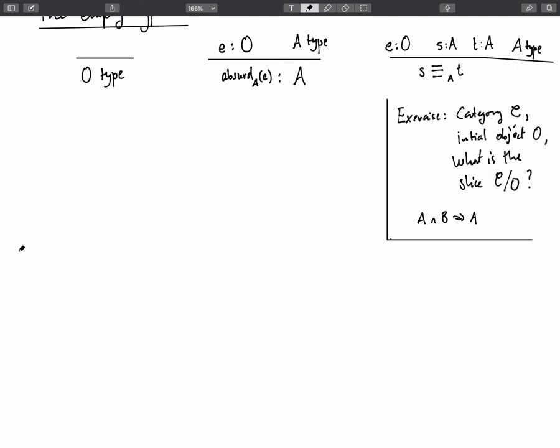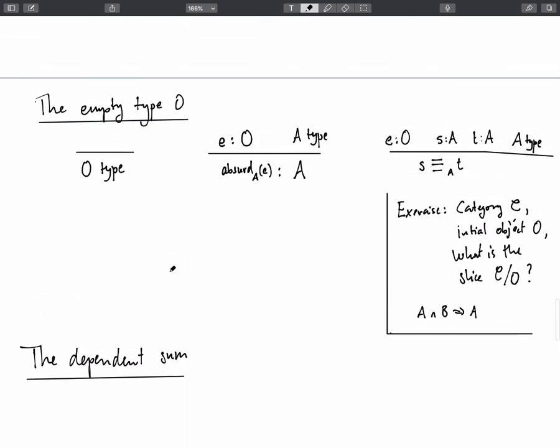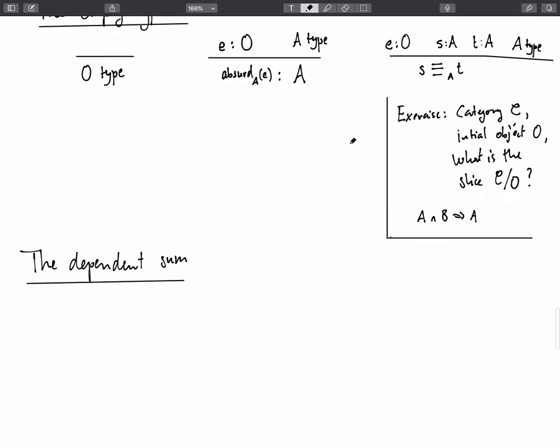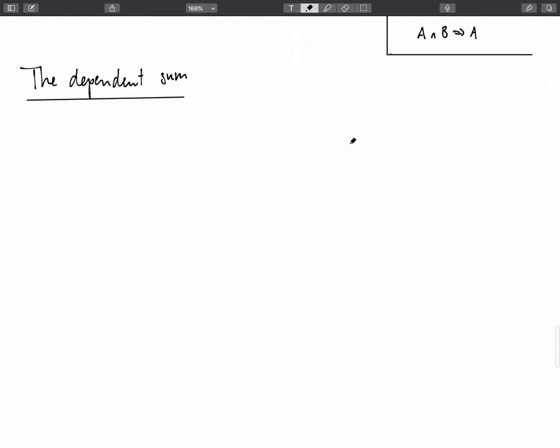Let's do the dependent sum. So the dependent sum looks like this. I'm now going to describe the dependent sum, but I don't know, do you want me to go on with these rules? I can go on with the rules, or let me try to describe it somewhat differently.